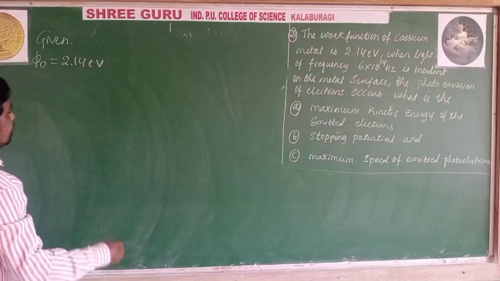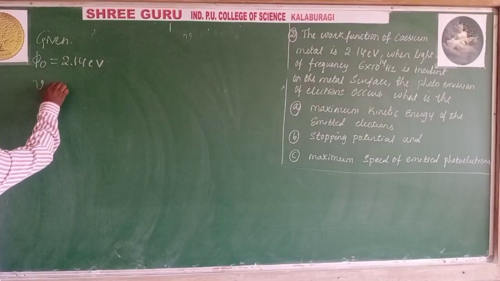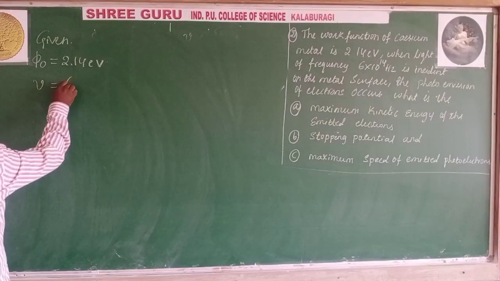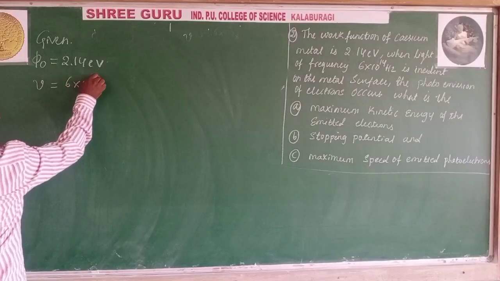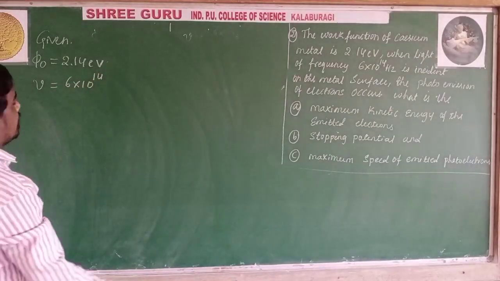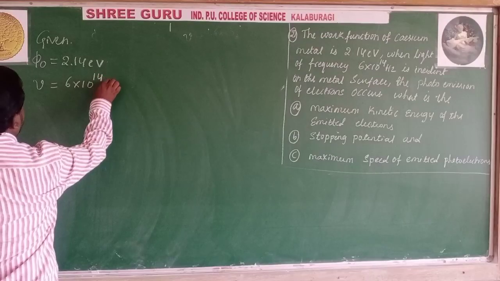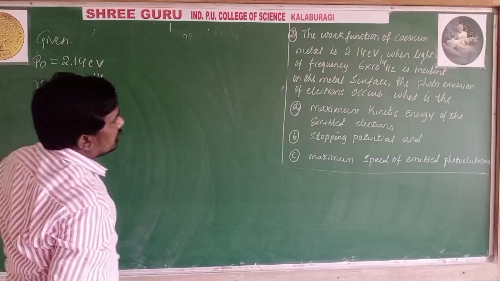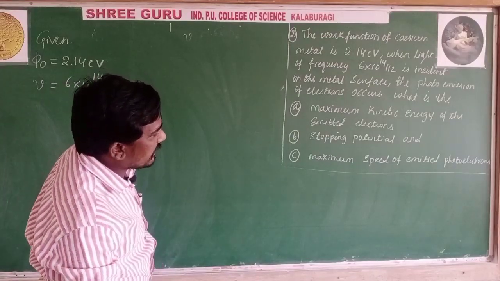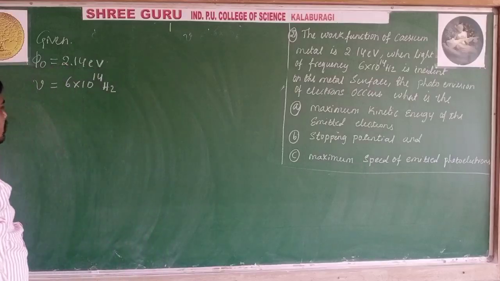Then frequency, that is 6 × 10^14 hertz. We should find the maximum kinetic energy of emitted electrons.